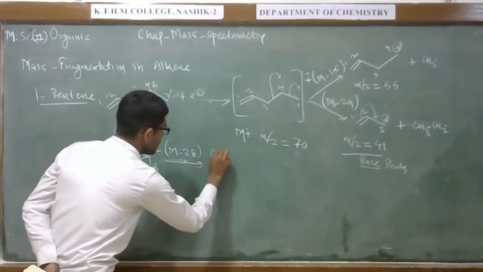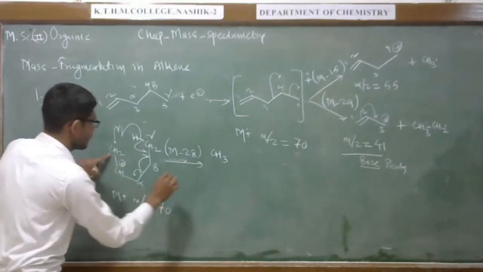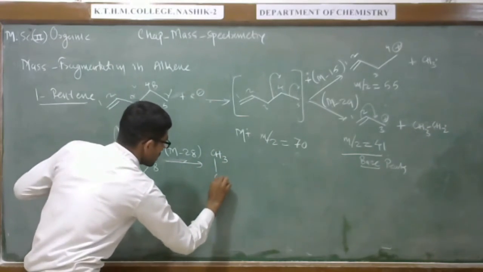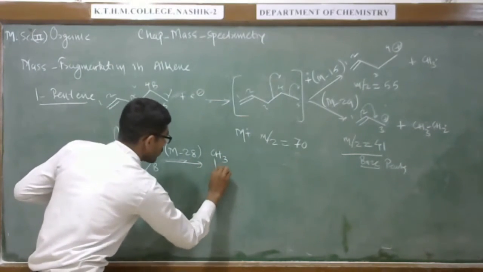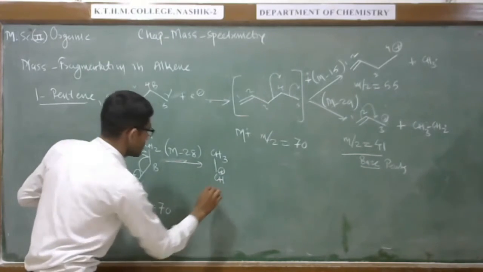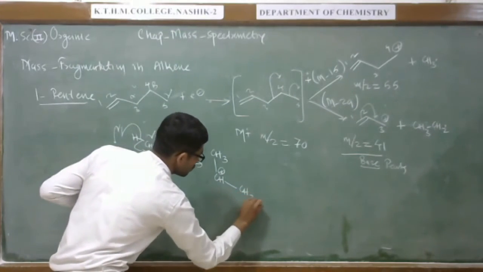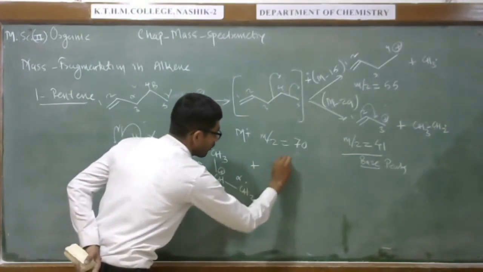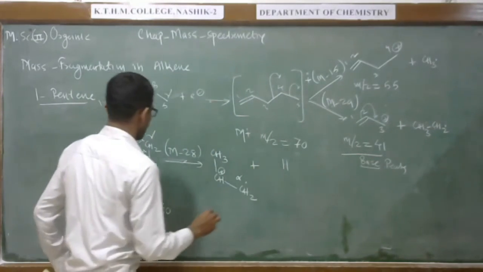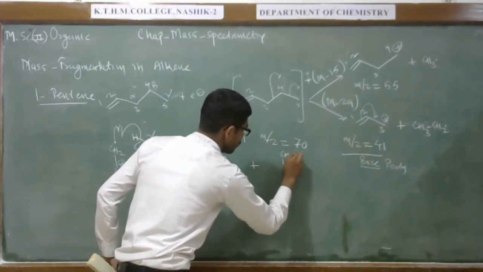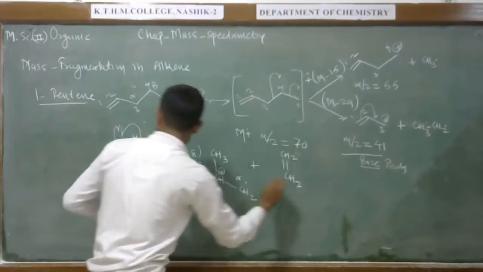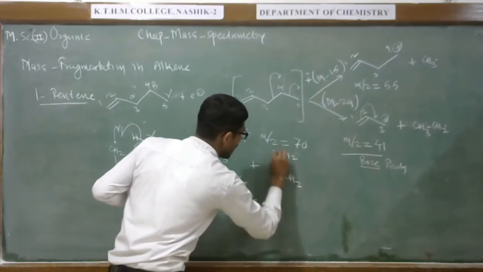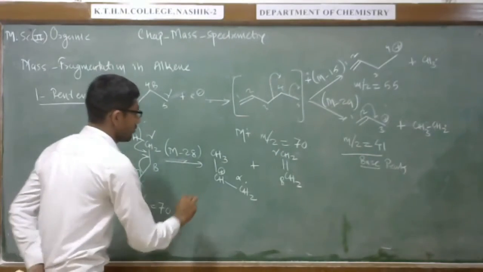After that, this becomes a methyl group, CH3. Then this is CH positive, and this is the alpha carbon, CH2 radical, with loss of ethylene like this. So CH2 and CH2, this is the beta and gamma. So M minus 28.